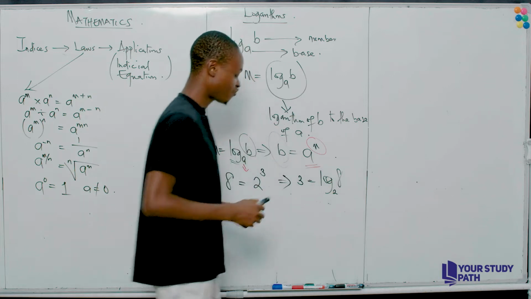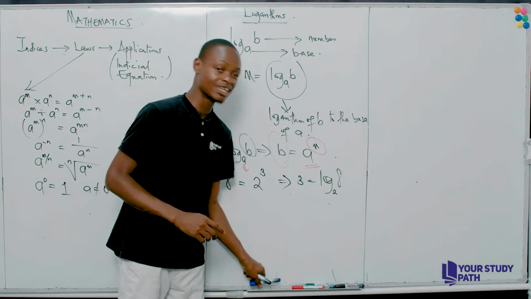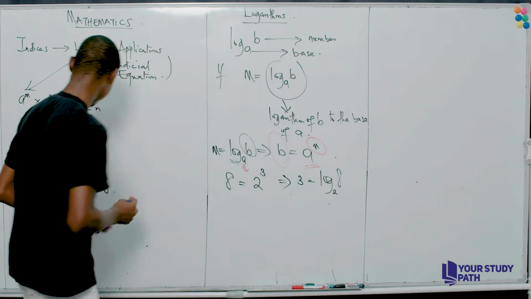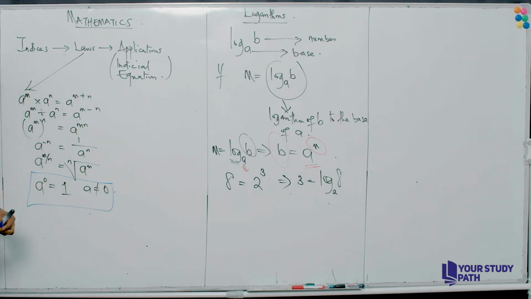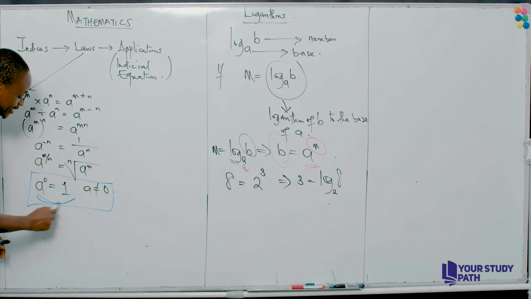Now, before we move further, let's talk about an interesting fact. Remember that we have said in our law of indices that a raised to the power of 0 is equal to 1, whenever a is non-zero. We can now find the logarithmic equivalent of this.